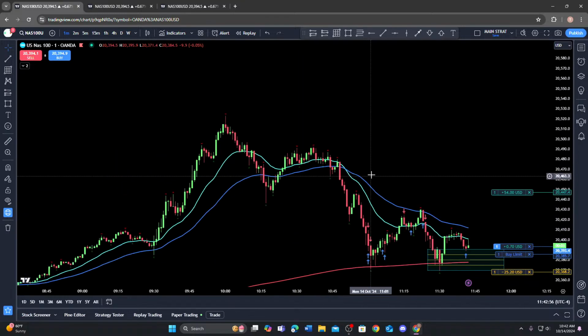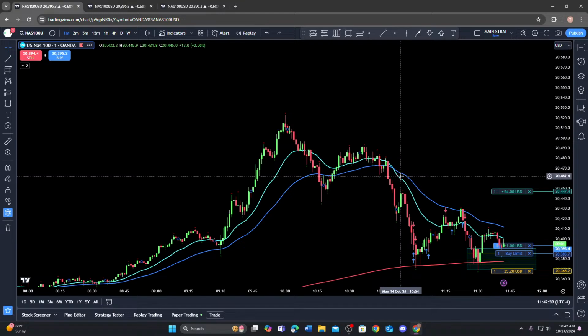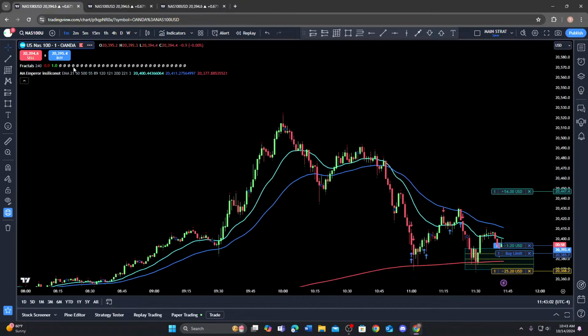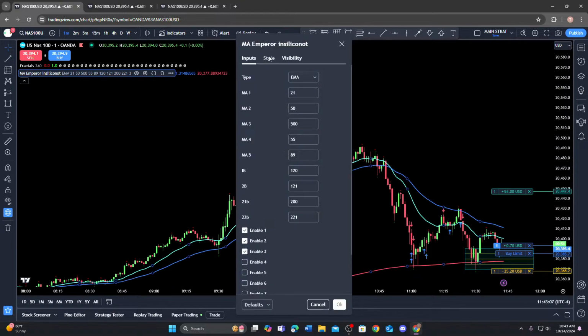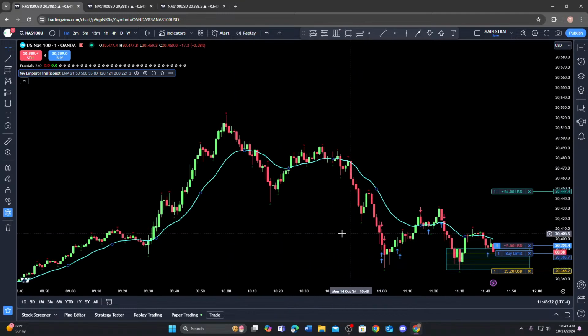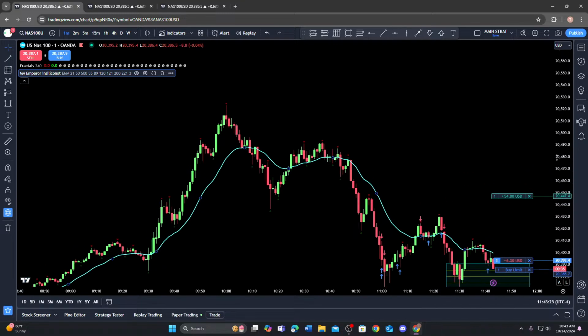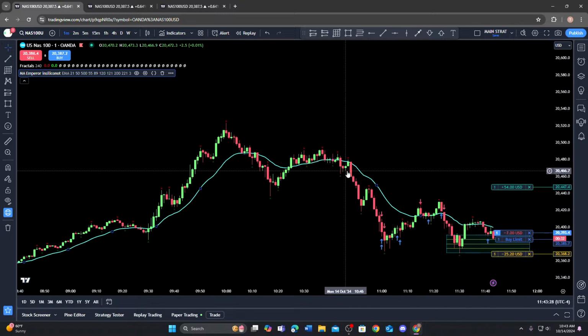See, like right here, this is a good example. So let's say, for example, you wanted to take a trade off of when the price goes below the 21 moving average.